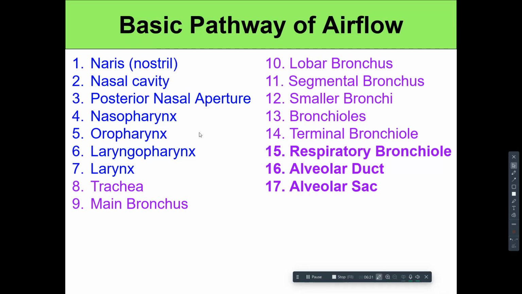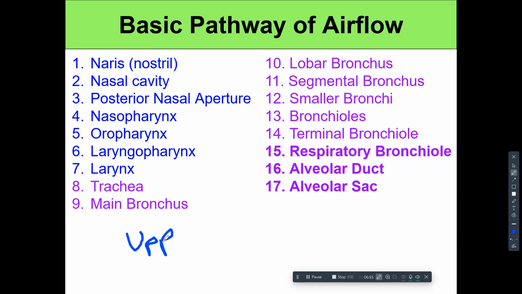That is my basic inward path of airflow, and of course air can go in, but then air can also go out. Notice I got a couple different colors and other things going on here. The things in blue are going to be your upper respiratory tract.